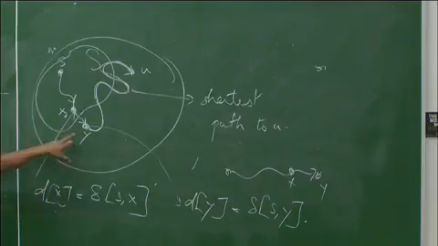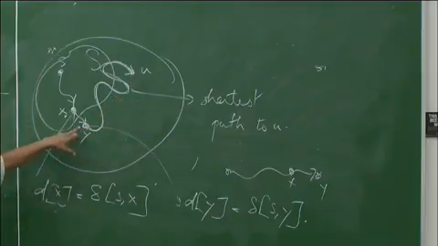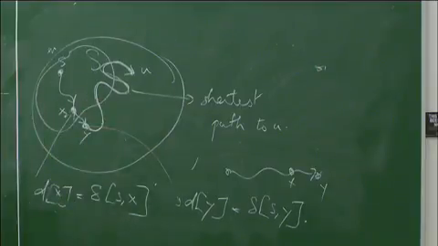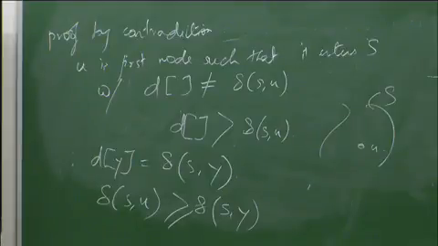Then I could not have claimed that the delta of u is greater than or equal to the delta of y. You could have come here and then dropped your weights. And if that were the case, all the stuff that I did would fall apart because I was trying to sandwich the value of d of u.